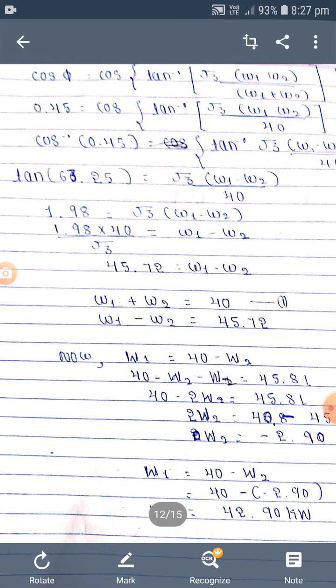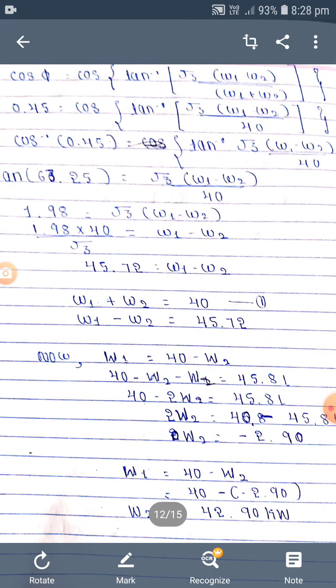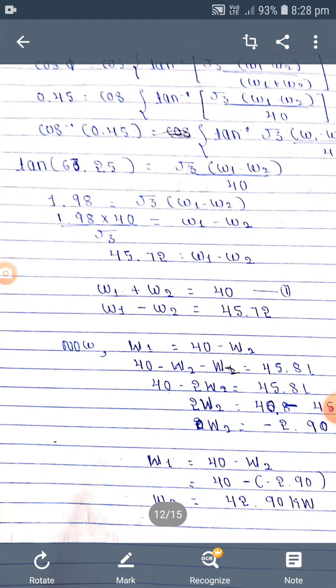Cos phi is given 0.45. First you transfer the cos, then it will become cos inverse of 0.45 is equal to tan inverse of root 3 into W1 minus W2 divided by W1 plus W2, which is 40. Again cos inverse of 0.45 will be 63.25.